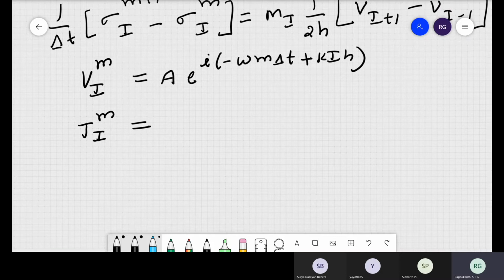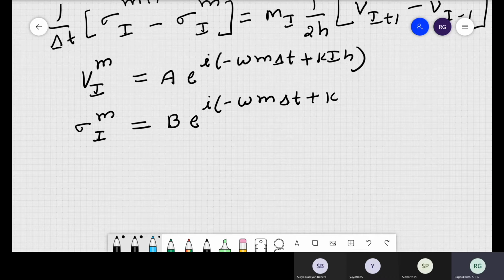Similarly traction, that is the stress, also you have to write in this fashion. So sigma also we substitute as e to the power of i(minus omega m delta t plus k i h). Because this is a velocity-stress formulation, you have two equations, one for velocity and another for stress.